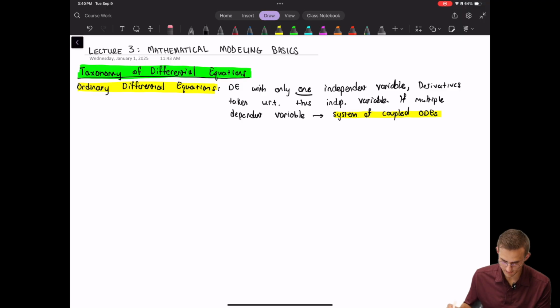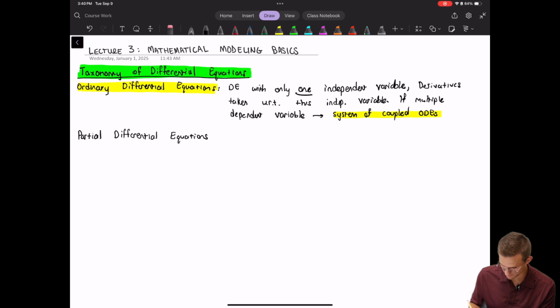Okay. And then the other type of equation that we will really get into towards the end of this class, in 6 weeks or so, is partial differential equations. So this is where it's like an ODE, but you have greater than one independent variable.